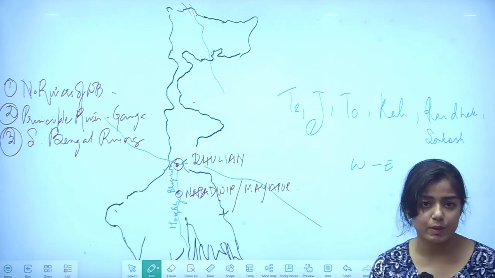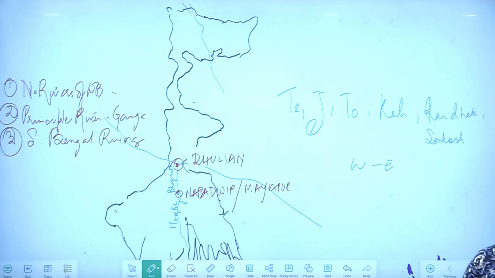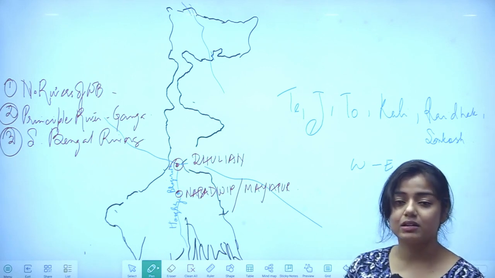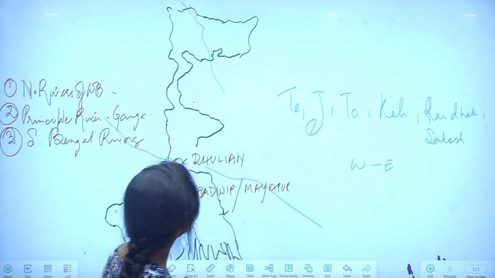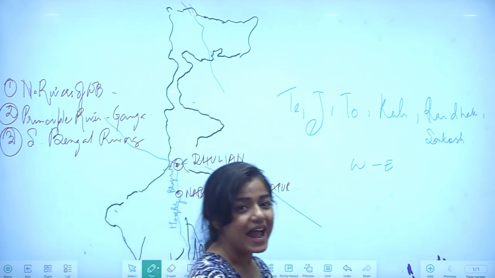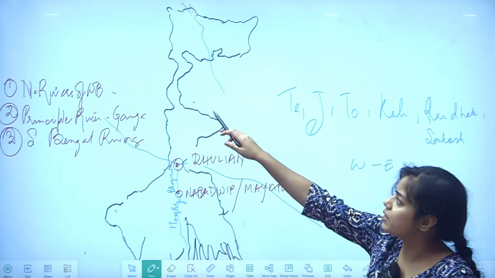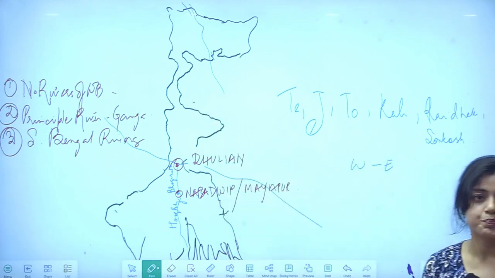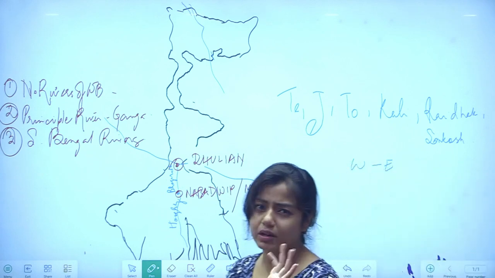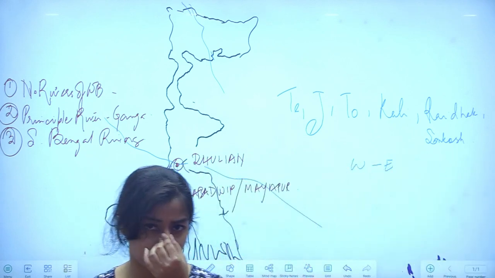What do I mean by trans-boundary river? That it enters another state. Punarbhaba and Atrai enter Bangladesh and re-enter West Bengal mainly from the Dakshin Dinajpur district. So roughly these are the rivers of North Bengal.